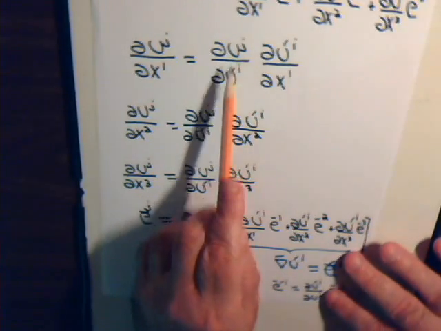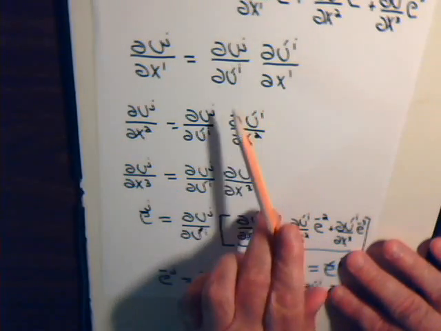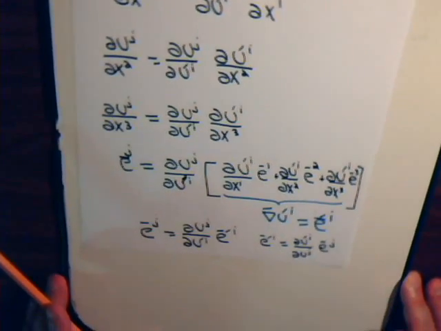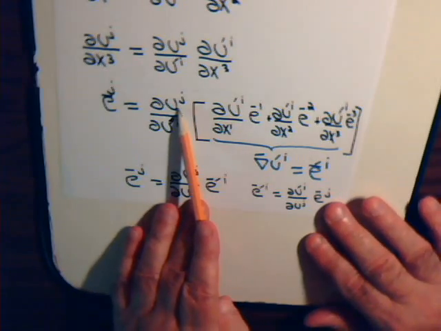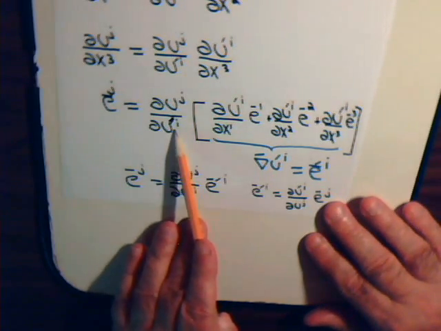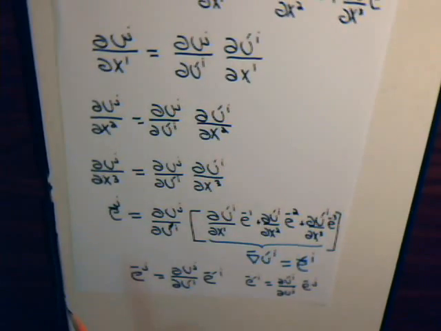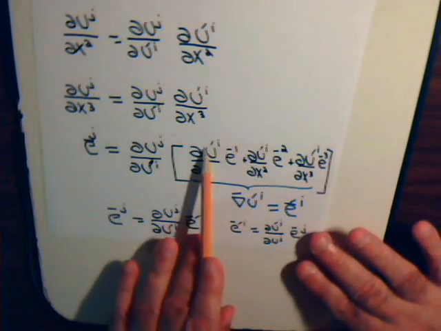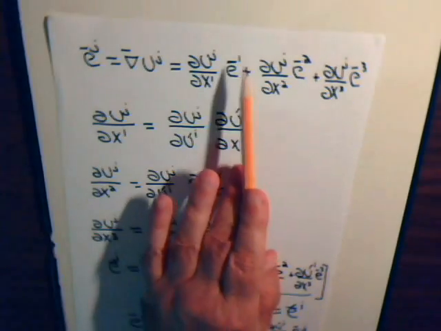We have this, this, and this that we're going to add together, but we can factor this out. This is common in each one. So what we have then is E_j equals the product of u_j with respect to u prime i, and then we have this one, which is written right here, times the tangential vector, as we have right here.